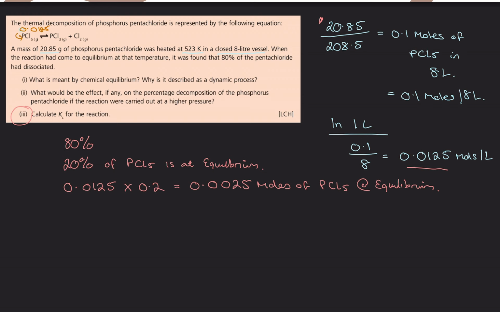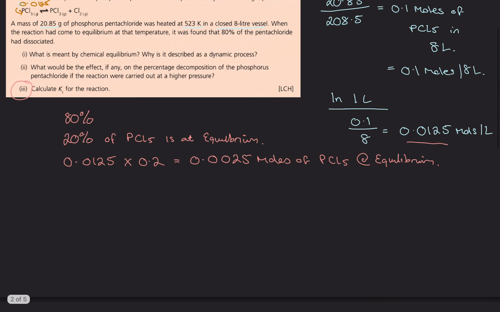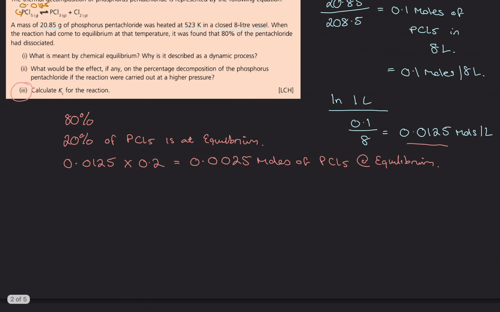So we're going to set up a RICE chart. Scroll down here a tiny bit. When you're doing a RICE chart, you just write R, I, C, E, all the way down. R is for your reaction, so you write in your reaction: PCl5 went to PCl3 and chlorine, Cl2.